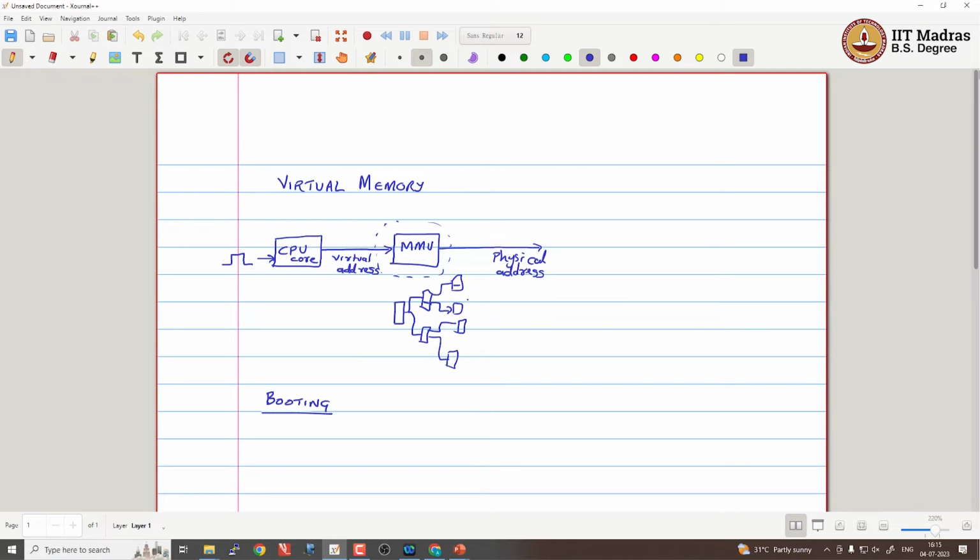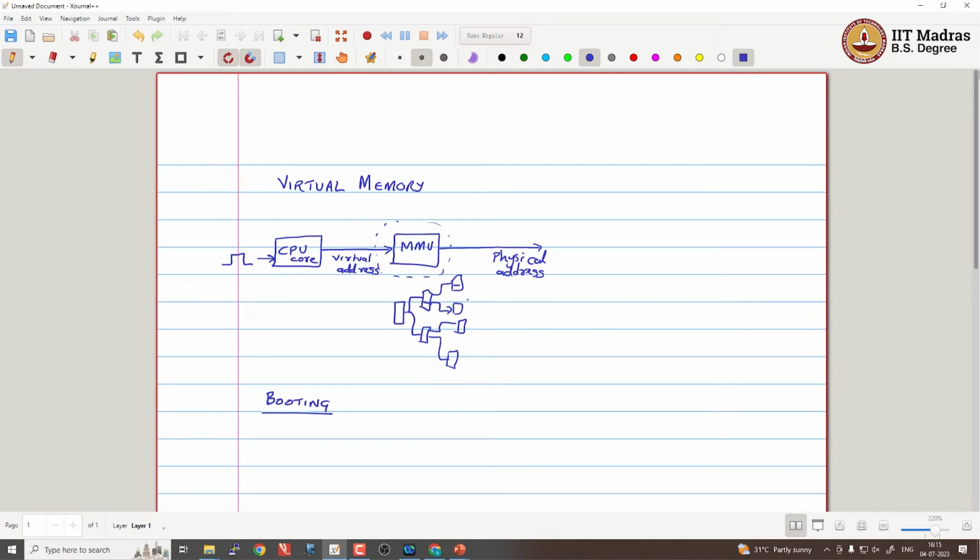It requires the OS to set up at least one level of page tables, page directories, and then enable this memory management unit, and only then will this mapping from virtual to physical address with the help of these page tables be enabled.